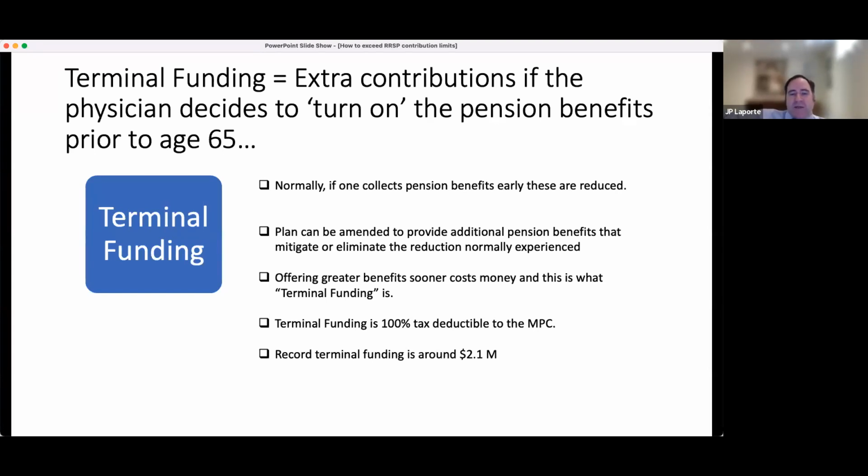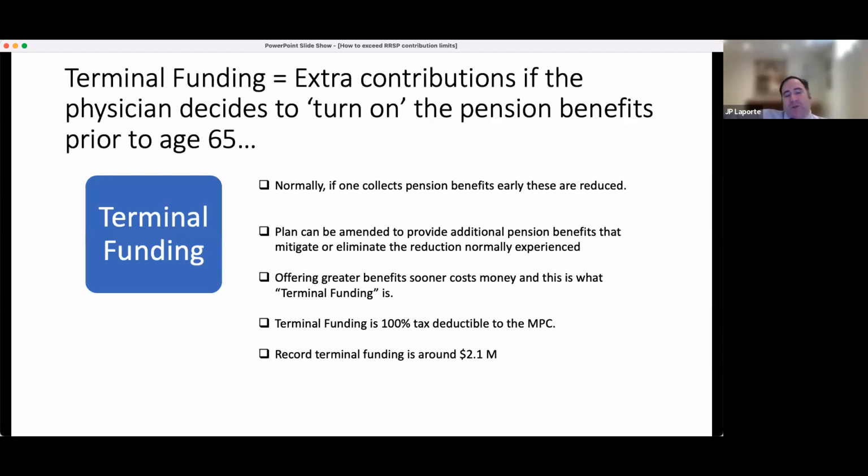There's a penalty that's applied because you started collecting sooner than expected. But under the terminal funding rules, we can amend the terms of the plan to say, yeah, there's going to be a reduction, but we're going to supplement that with additional pensions, early retirement subsidy pensions, so that at the end of the day, you're still pulling out a lot of money much sooner.